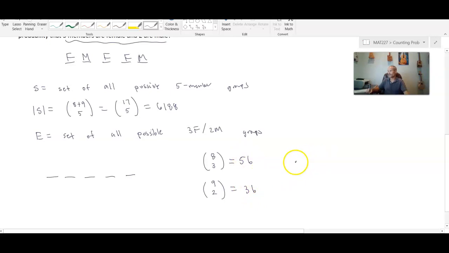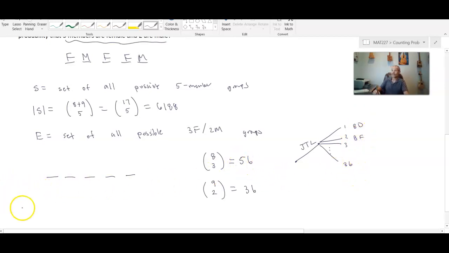So, for example, one possibility here would be our females, Jenny, Tiffany, and Leanna. And then from there, we need to pair that group with all the different 36 different groups of 2 males that we might have. So maybe this is Bill and David, maybe this is Bill and Frank, and so on and so forth.